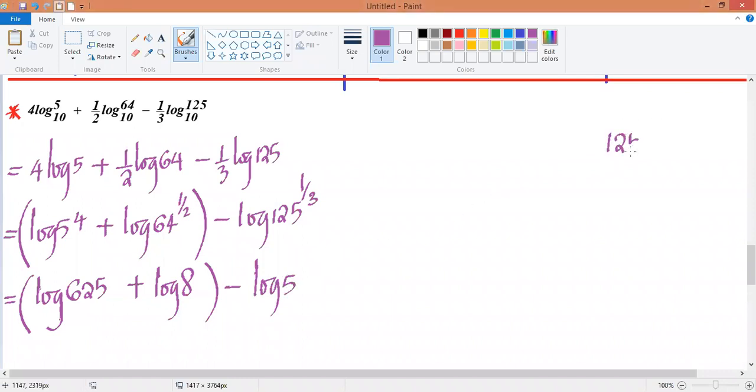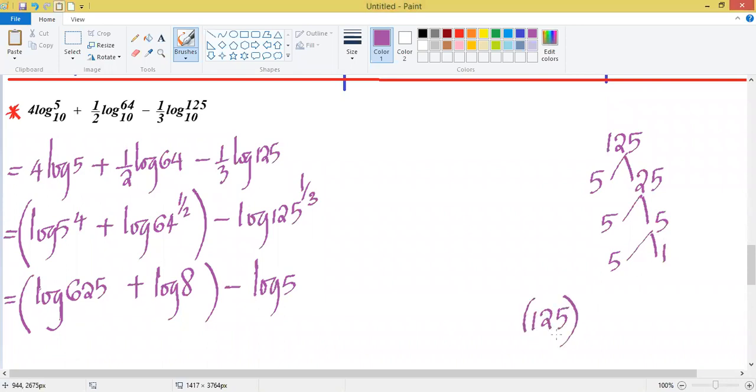When you prime factorize 125 by 5, you get 25, by 5 you get 5, then by 5 you get 1. In place of 125, we can substitute 5 to power 3, power a third. When these multiply, we get 1, which is 5. The person who is thinking of 25, please note.